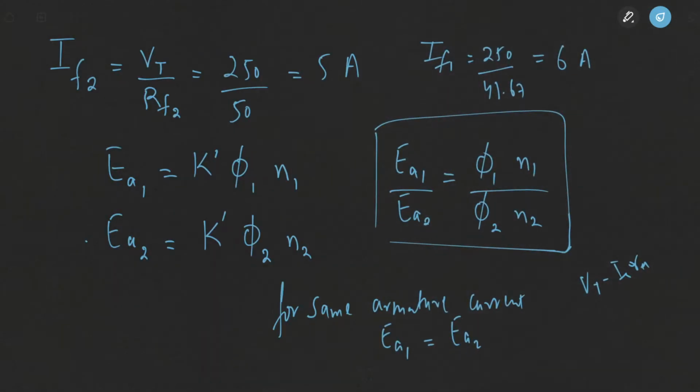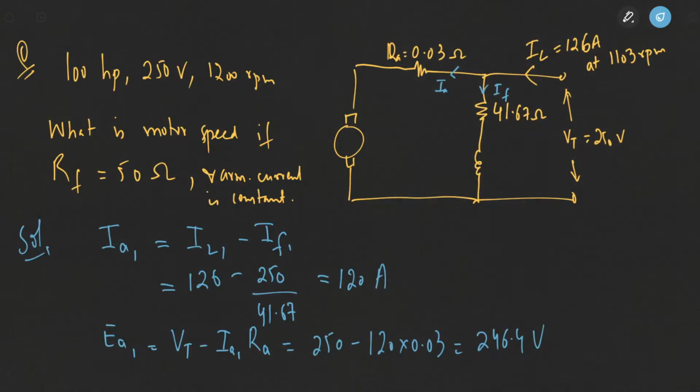Let me repeat what we have done here. We have been given a motor whose armature resistance is 0.03 ohms. Field resistance initially was 41.67 ohms. The initial line current was 126 amperes for a speed of 1103 rpm. Terminal voltage is 250 volts.